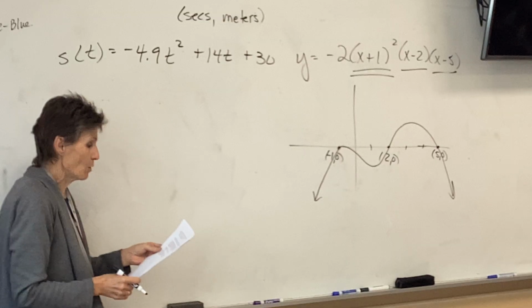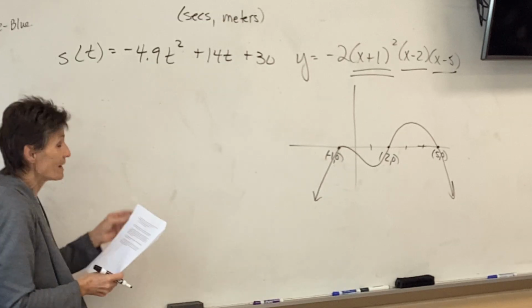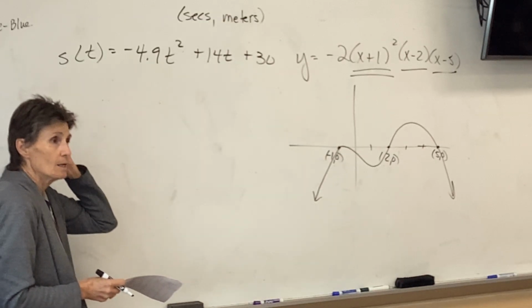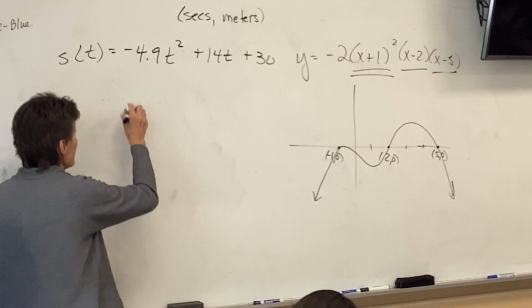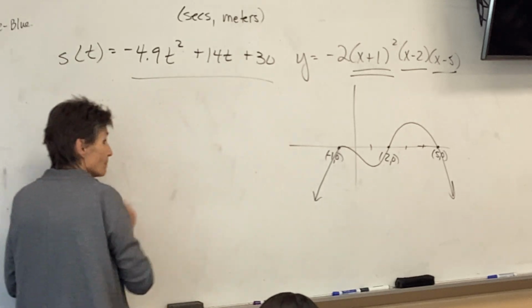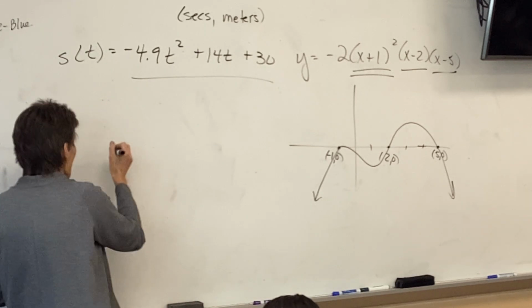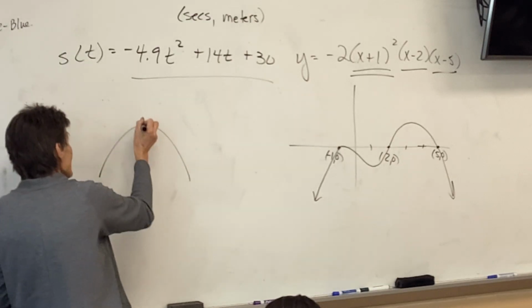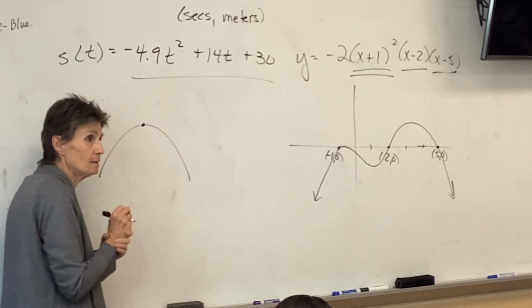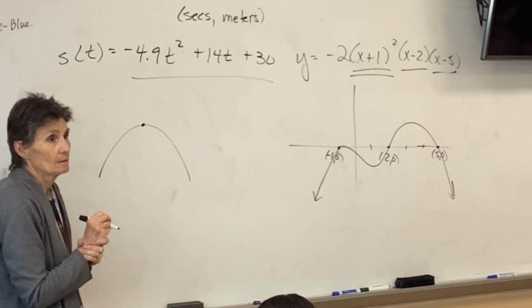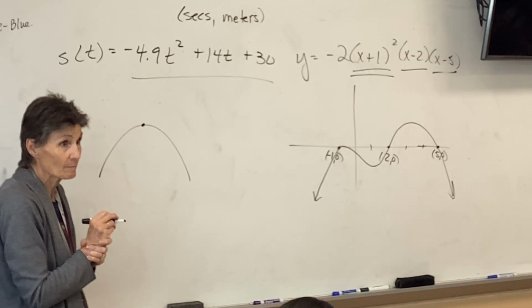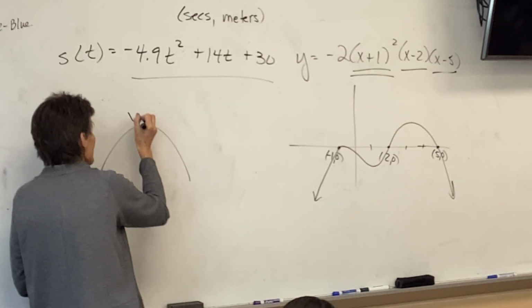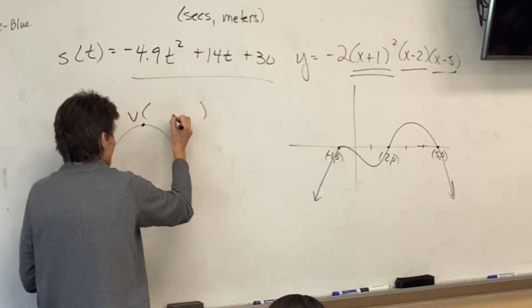When will the stone reach its highest elevation? What shape is this equation? A round one. Highest elevation would be the vertex. How do we find the vertex?